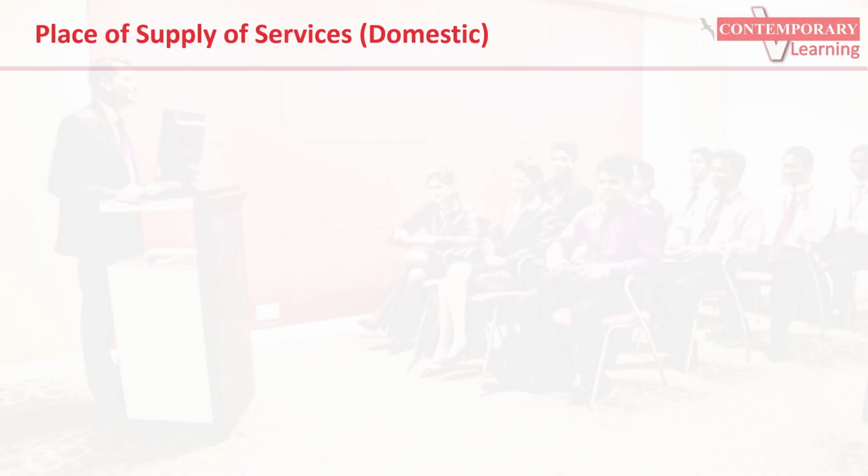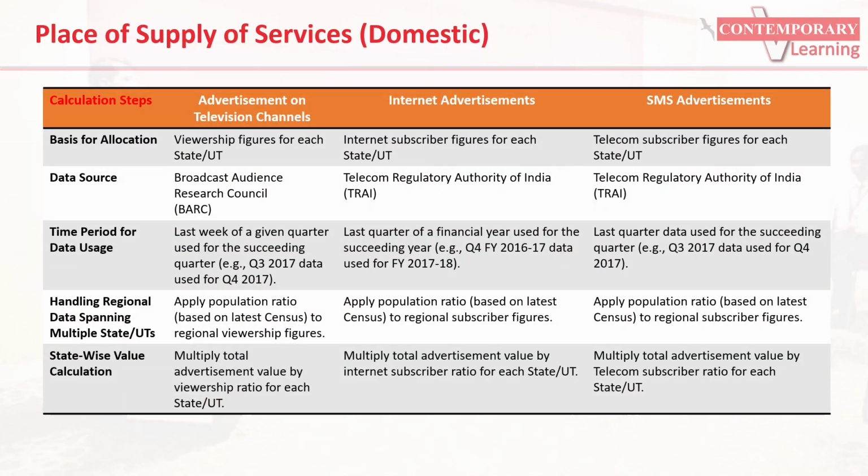Let me explain the calculation framework for the three major digital advertising categories. For television channel advertisements, the basis is viewership figures from the Broadcast Audience Research Council or BARC. The data from the last week of a given quarter is used for the succeeding quarter. So Q3 2017 data would be used for Q4 2017 calculations.